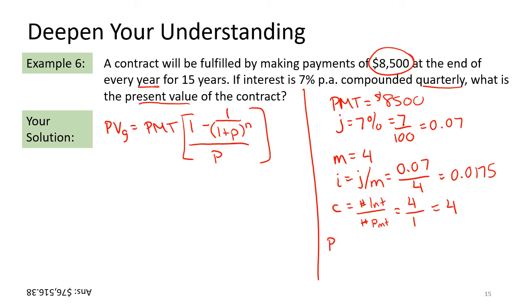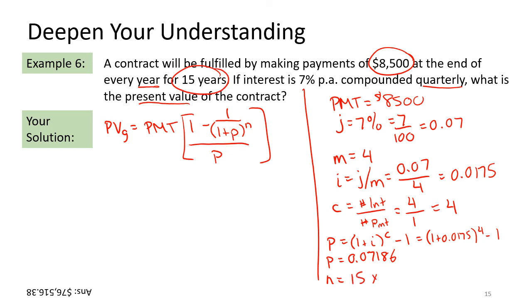Now your equivalent interest rate, P, is 1 plus your periodic interest rate to that exponent C, that ratio, minus 1, or 1 plus 0.0175 to the exponent 4 minus 1. And that gives you a value for P of 0.07186.